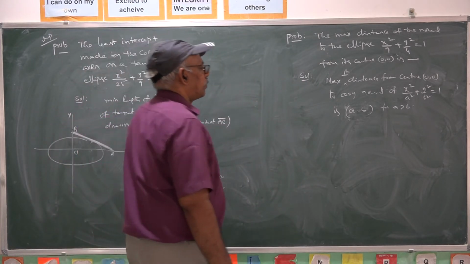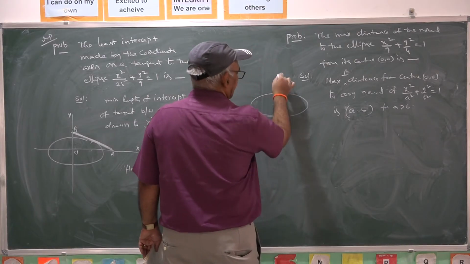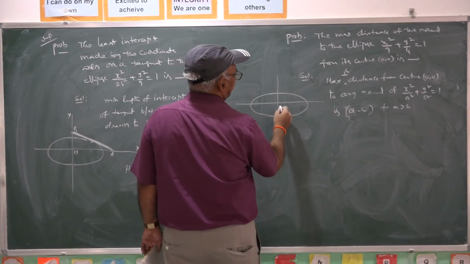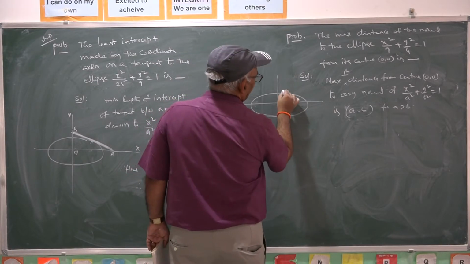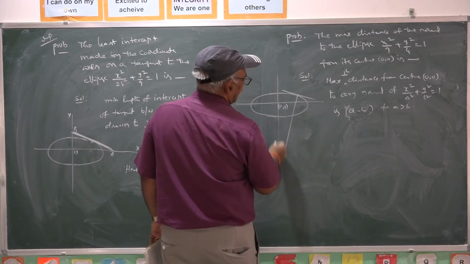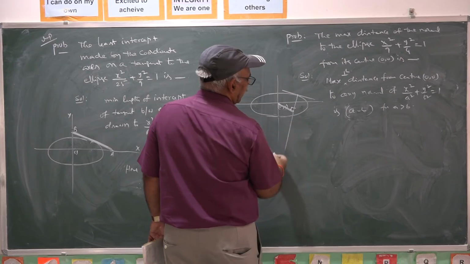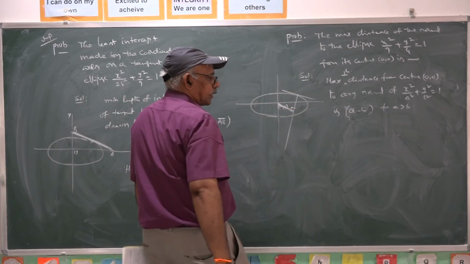So this is our formula. Of course, this is our ellipse. 0, 0 is our center of the ellipse. Once you take the normal and the perpendicular distance from the center to that normal, we have to maximize this one.